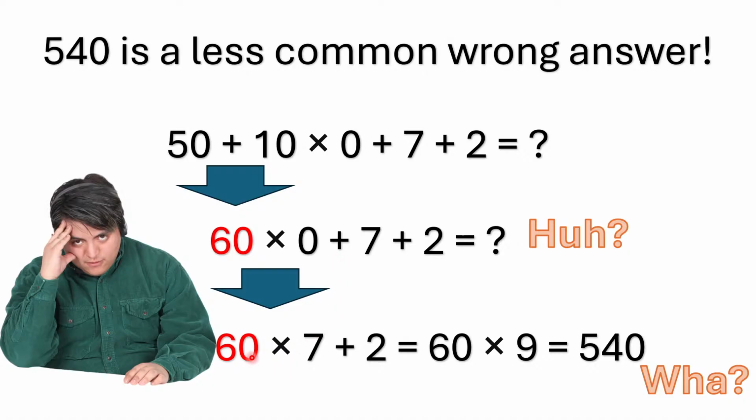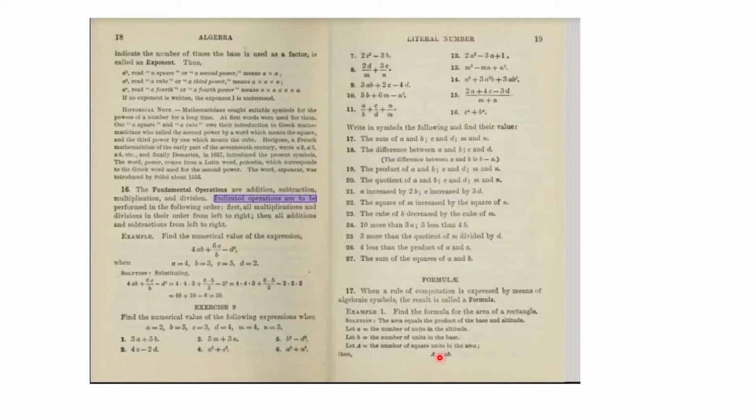But what they're doing here is taking 60 times 7 plus 2, or basically 60 times 9, and getting 540. So this one here is really messed up. And I have seen that one pretty often too, but that is really wrong.